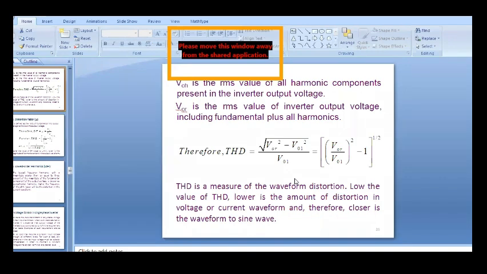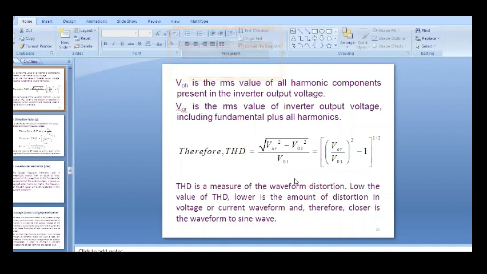Actually, we should keep in mind whatever we do for performance parameters, we should go near to the sinusoidal waveform of output voltage of the inverter.